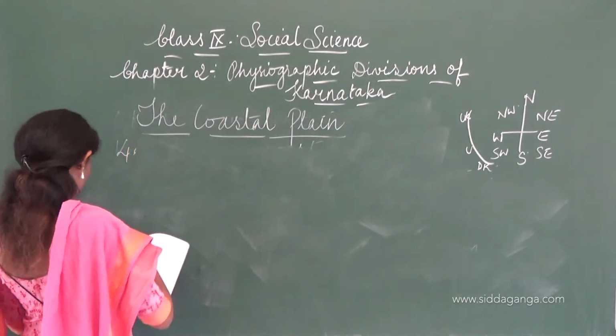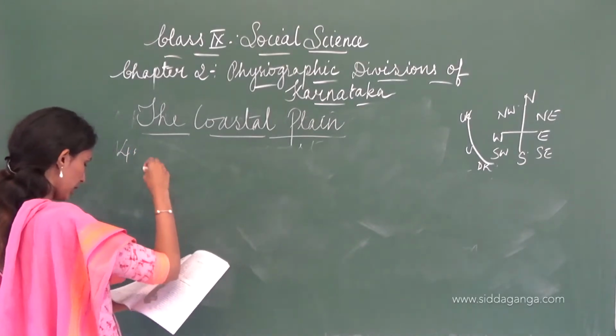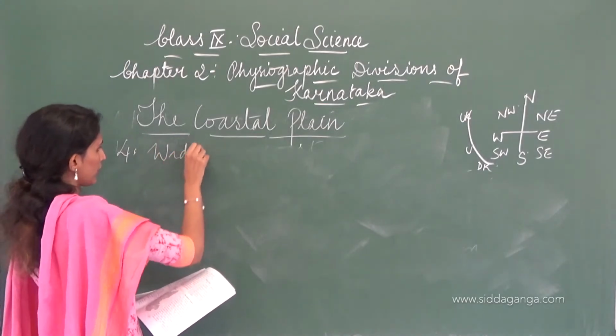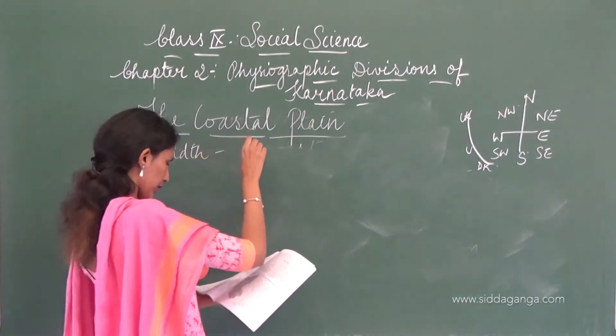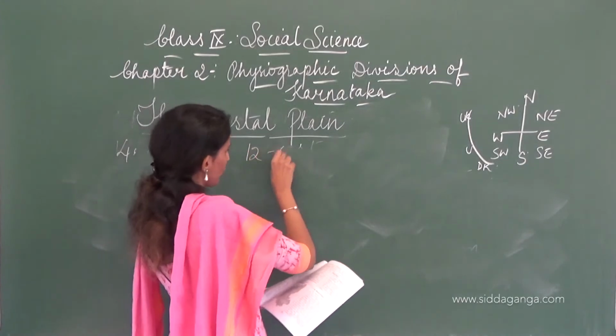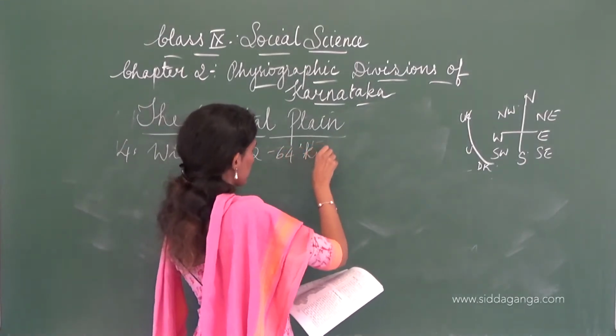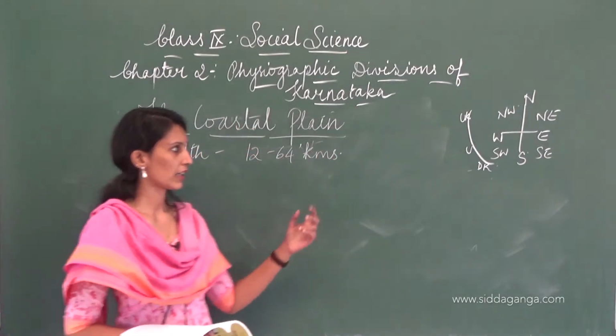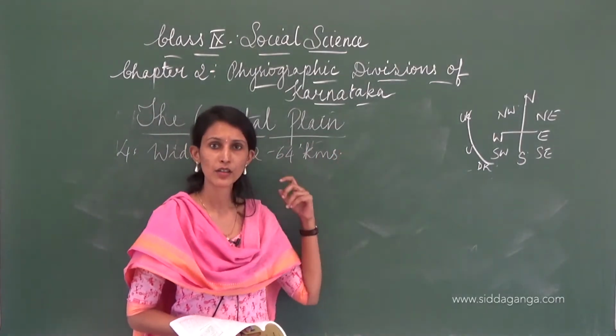The fourth point. Now the width from Mangalore to Karwar is 12 to 64 kilometers, Dakshin Kannada to Uttar Kannada.